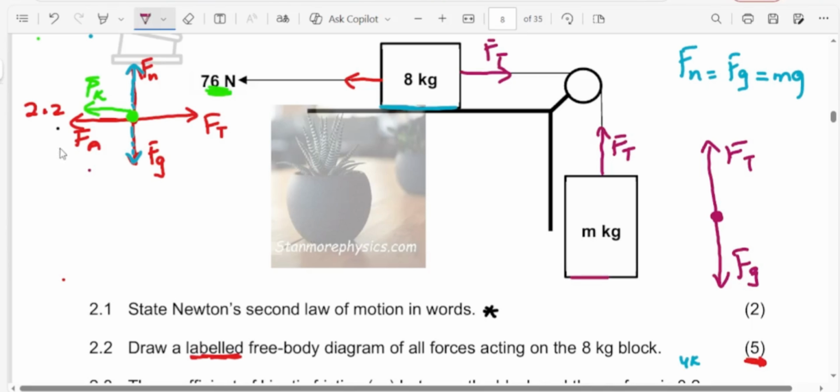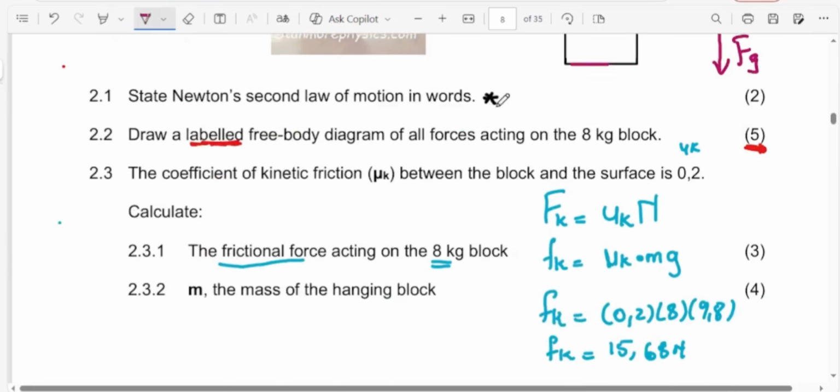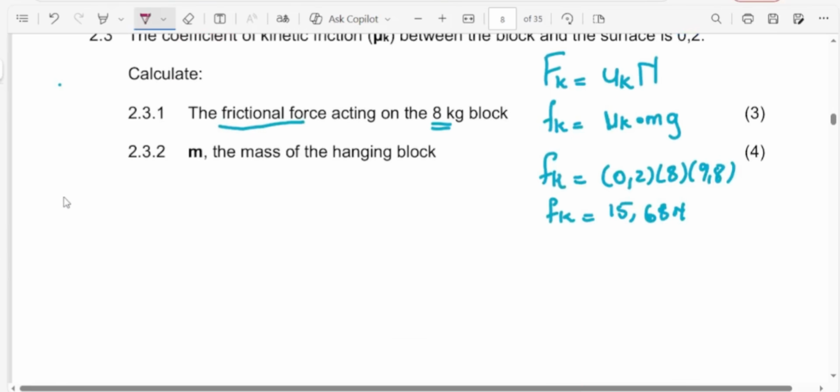And horizontal forces, how many are they? 1, tension, 2, applied force, 3, kinetic friction. So I'm going to redraw my free body diagram here. This is 2.3.2. On the free body diagram, I have the tensional force going down.